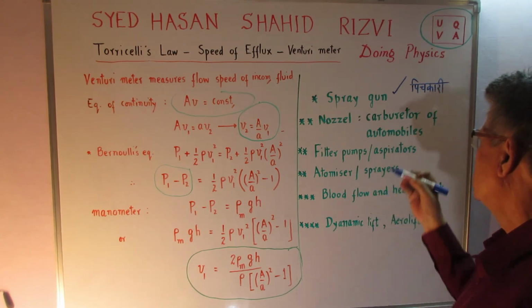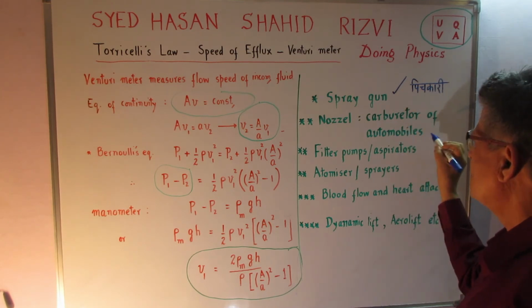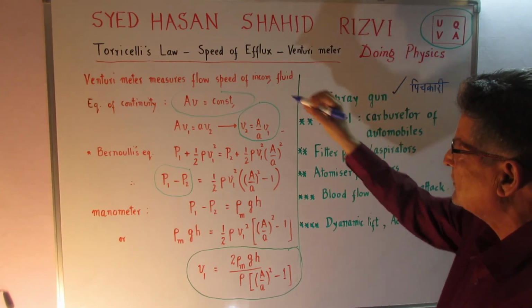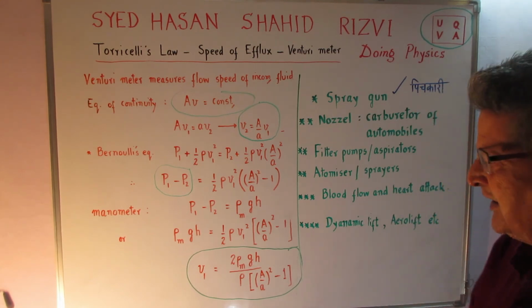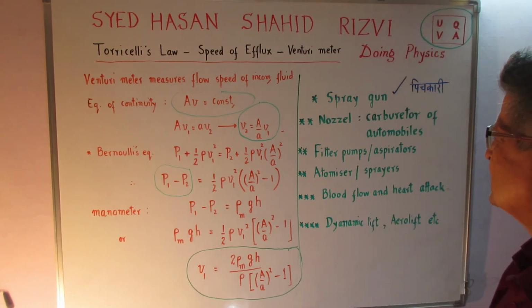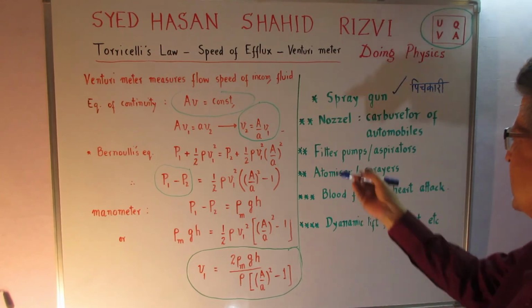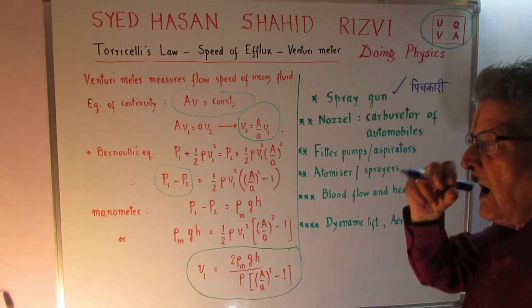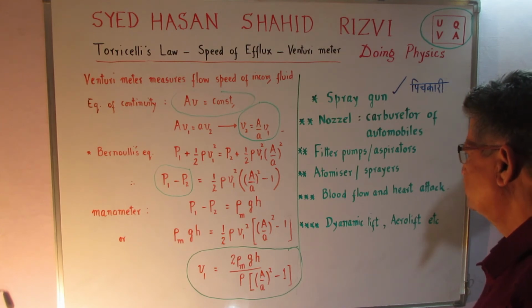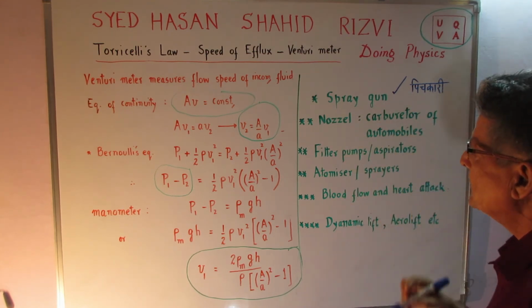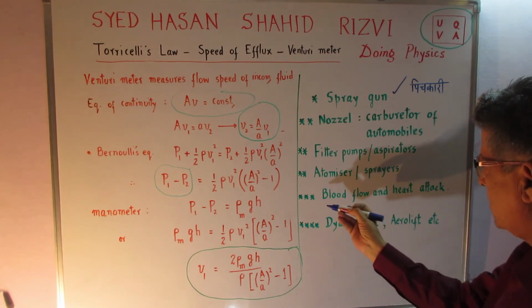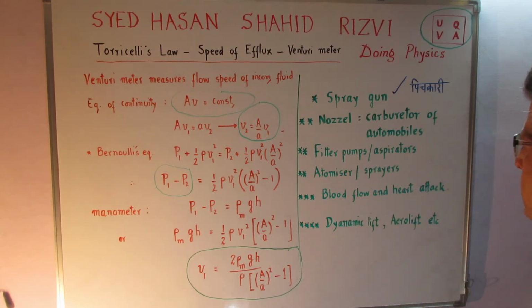And similarly, in the carburetor of automobiles, the nozzle is using the same kind of principle, where the velocity of the fluid is increased because of the constriction. Filter pumps and aspirators, atomizers and sprayers, these are some of the topics.